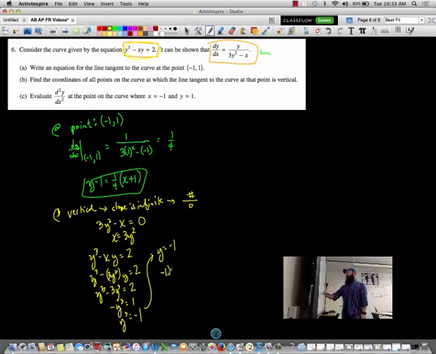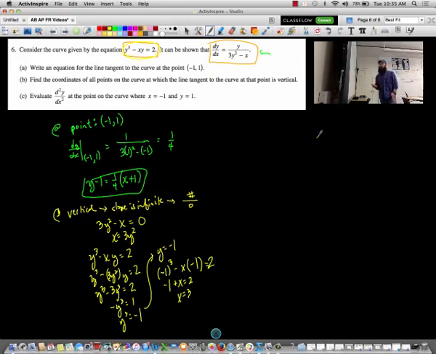When I cube -1, minus x times -1 equals 2. So let's see, that would be -1 plus x equals 2. So the point on the curve where the line is vertical would be at 3, -1. Now if I were to plug -1, that y value, into x equals 3y squared, I get x equals 3 as well. Same idea. So this is the answer to part B.